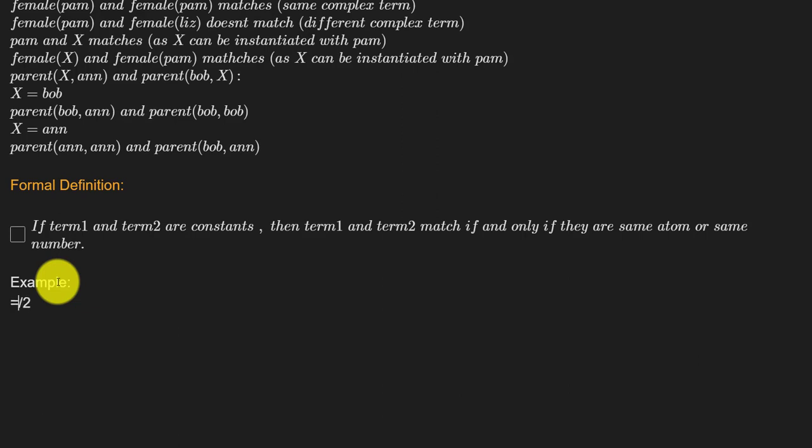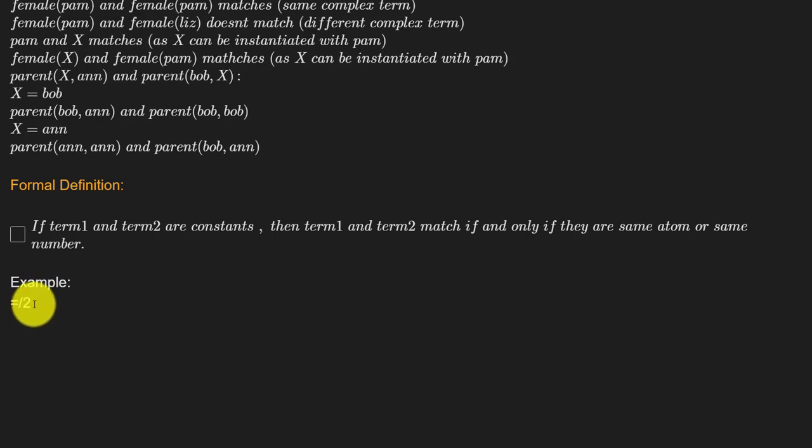I'm using LaTeX here, so sometimes it autocorrects itself. As I said in my previous video, when we talk about any complex term, we write down its arity, how many arguments it takes. So this = functor takes 2 arguments, that's why I'm writing 2 over here.